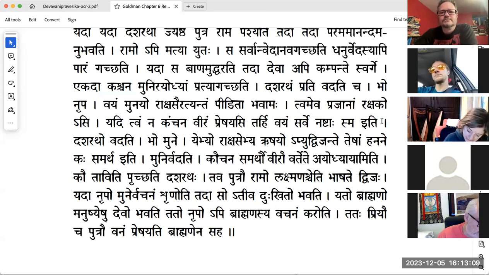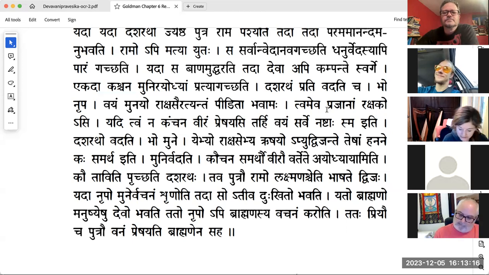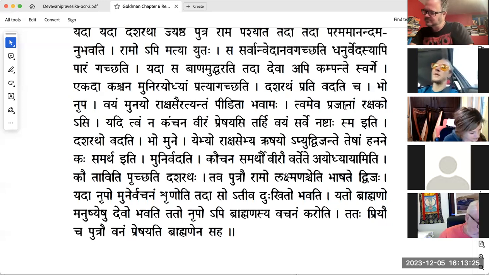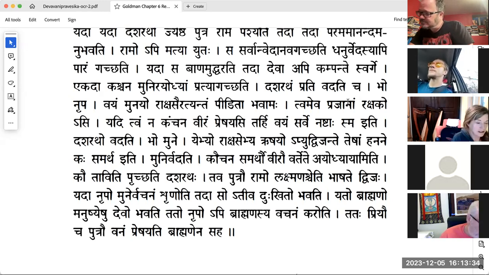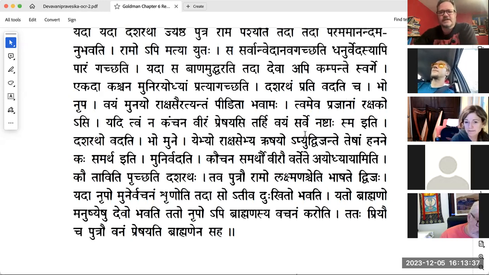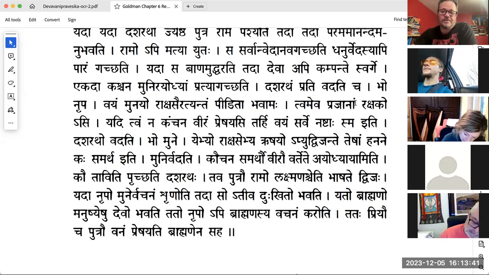Yeah, so the root raksh means to protect. Okay, I saw that it was protector, but I couldn't figure out the last word here. Of the children, of the people of the kingdom? Plural genitive, of the people of the kingdom.